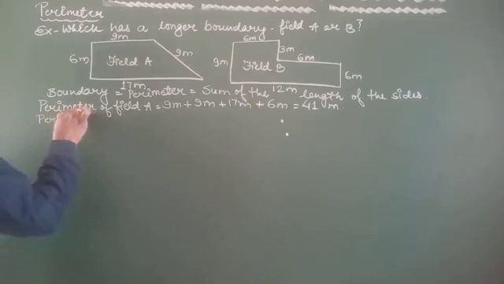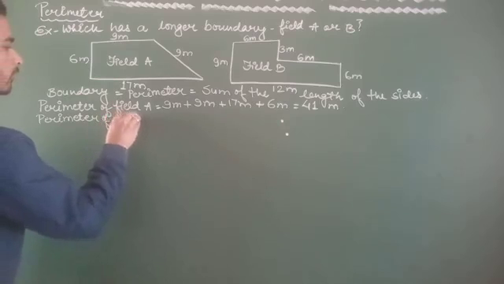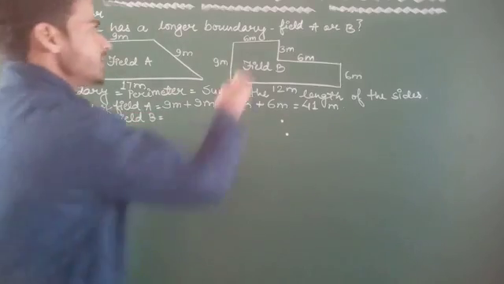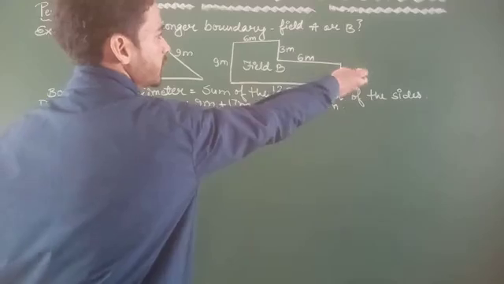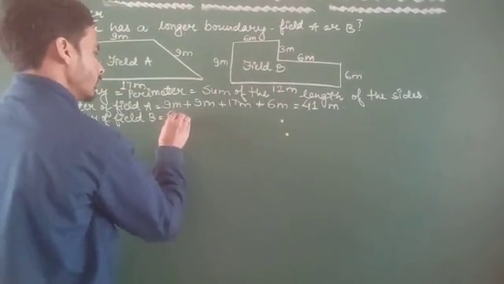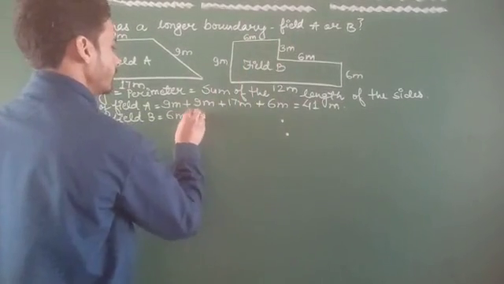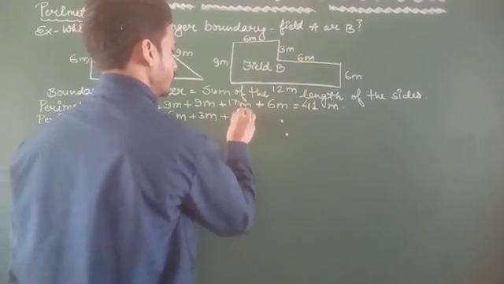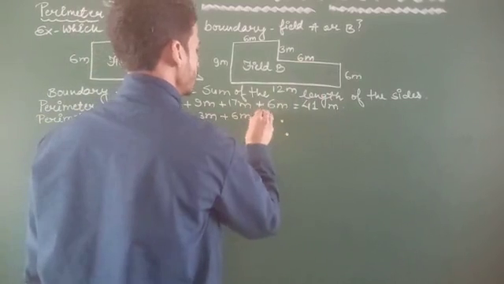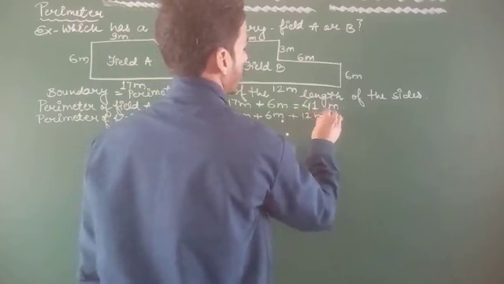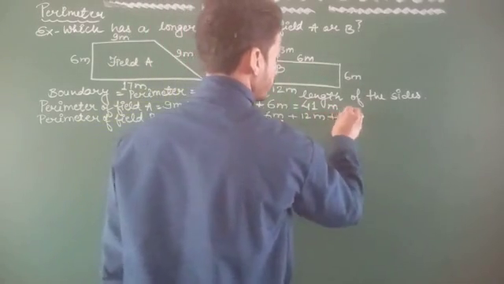The perimeter of field B is equal to 6 meter plus 3 meter plus 6 meter plus 6 meter plus 12 meter plus 9 meter.